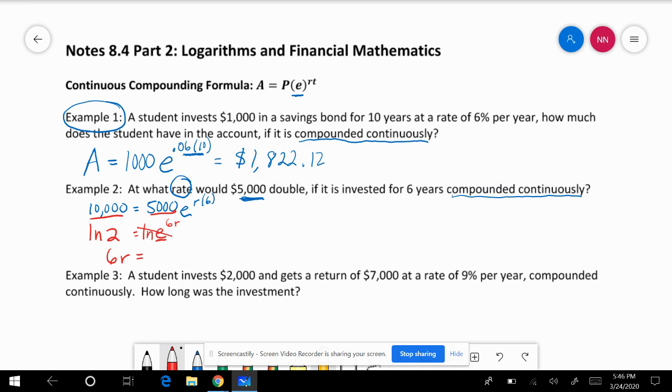And then we plug into our calculator natural log of 2. That gives us 0.693. We're going to divide that by 6. So our final answer is the rate is equal to 11.55%.